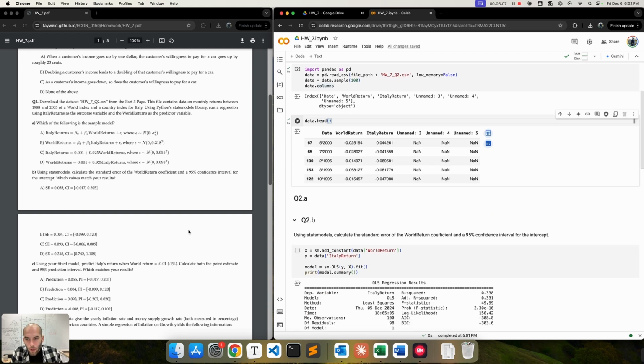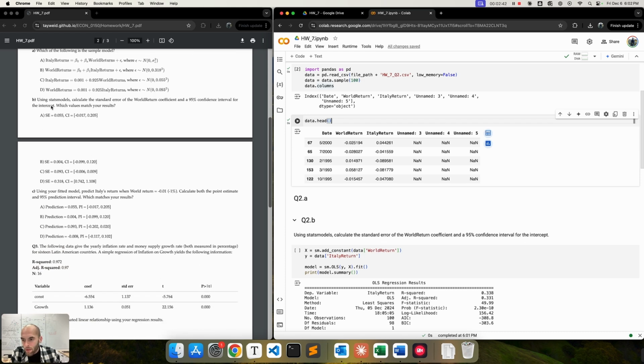Okay, so question 2a is about which is the sample model. So we have one thing as the outcome variable. We have our intercept, and then we have the coefficient on the predictor variable, and then the error term. So you'll just pick which one of these is the sample model.